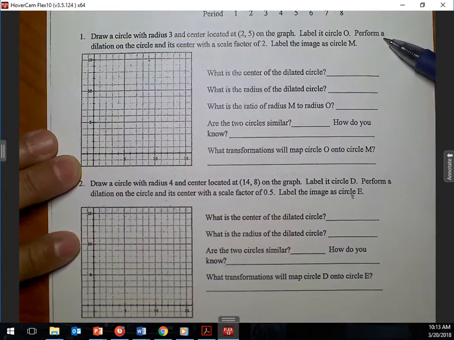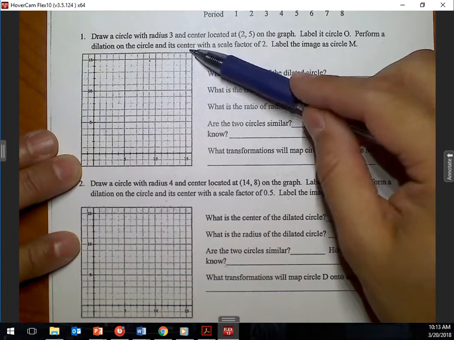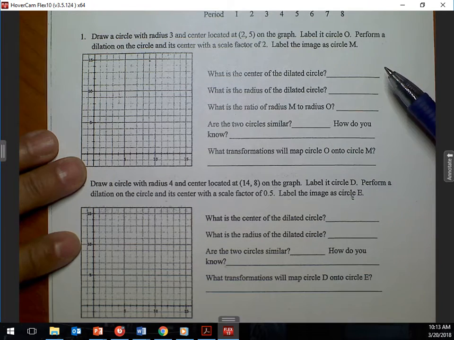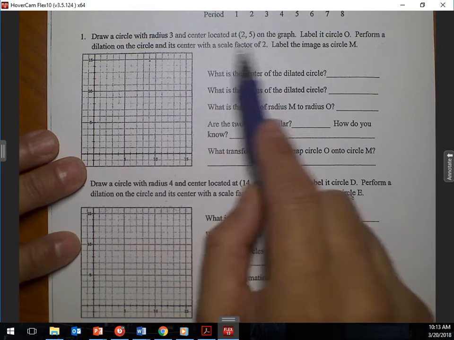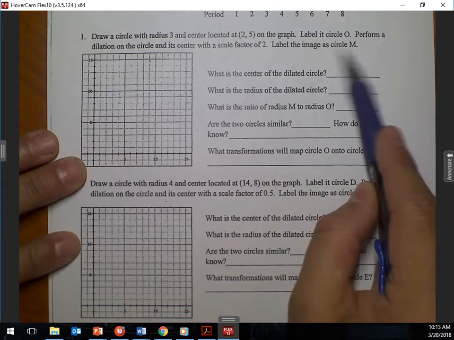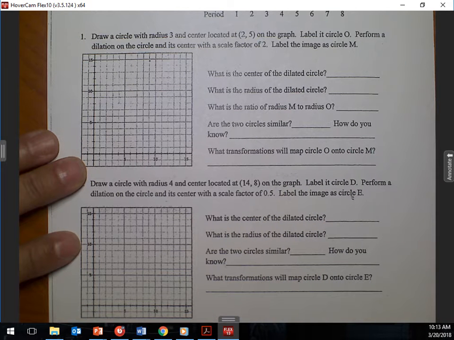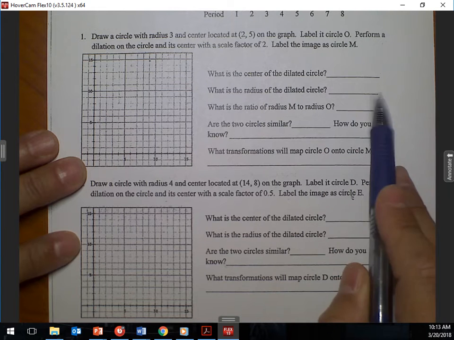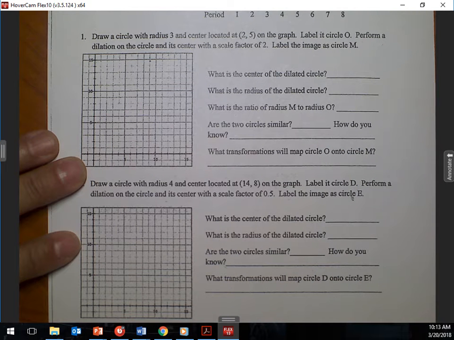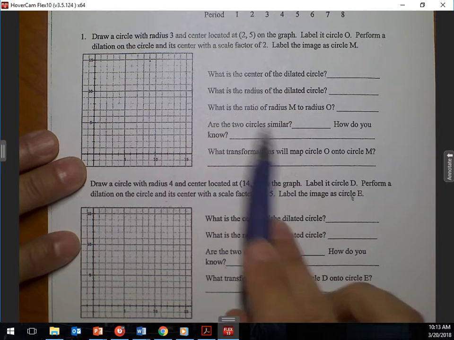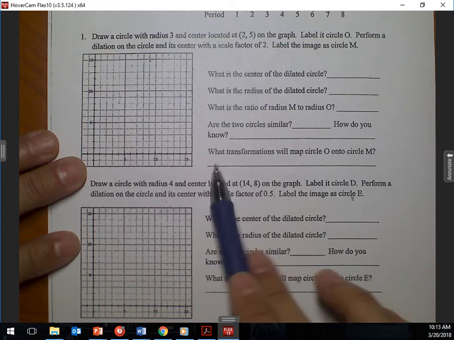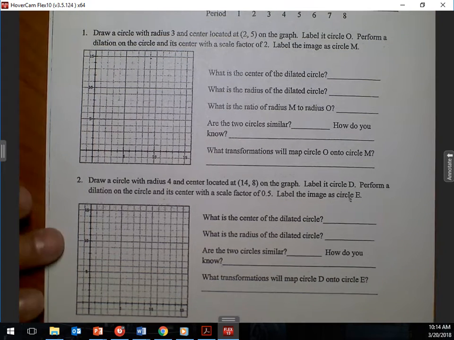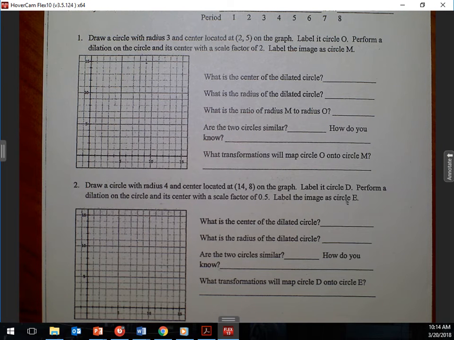Label it circle O. Perform a dilation of the circle at its center with a scale factor of 2, and label the image M. Are the two circles similar? Yes. Then the transformation. It's the exact same thing we just got done doing. I'm going to give you time right now to work on this.